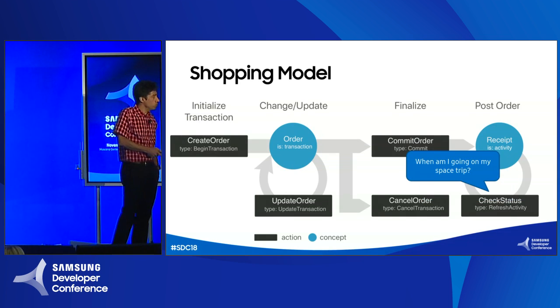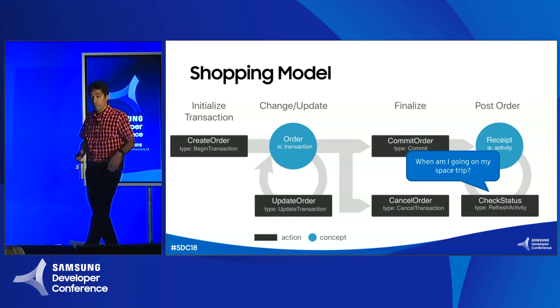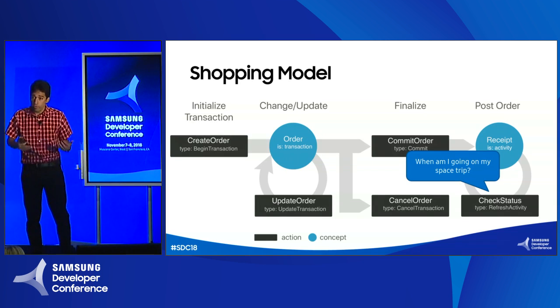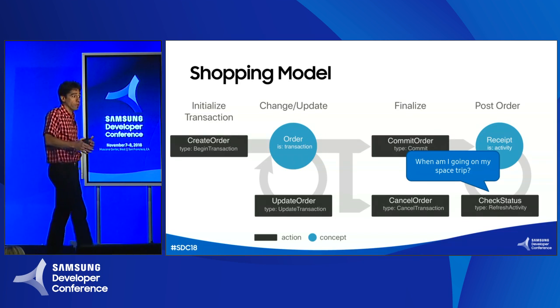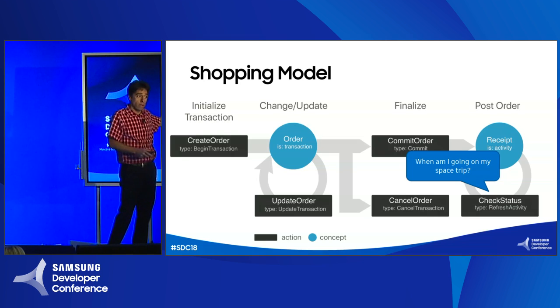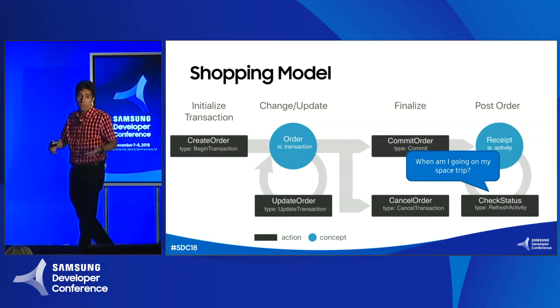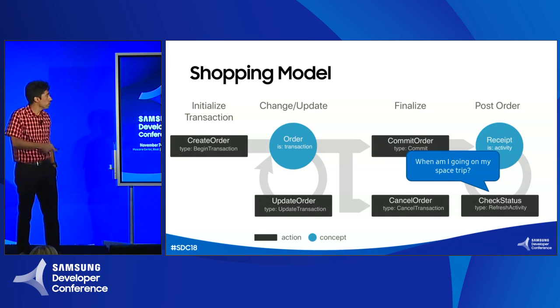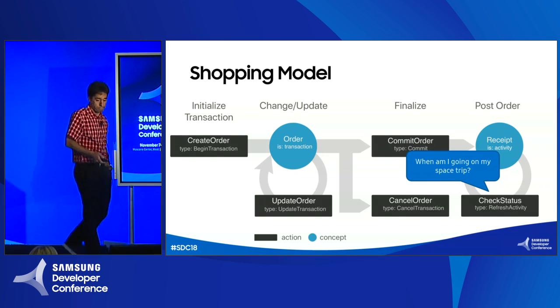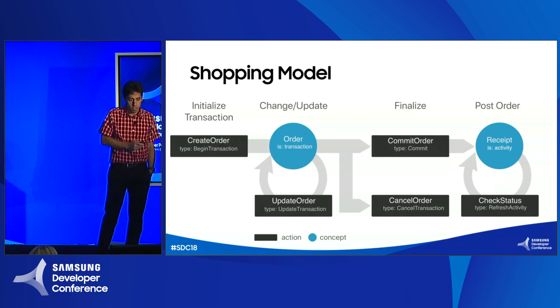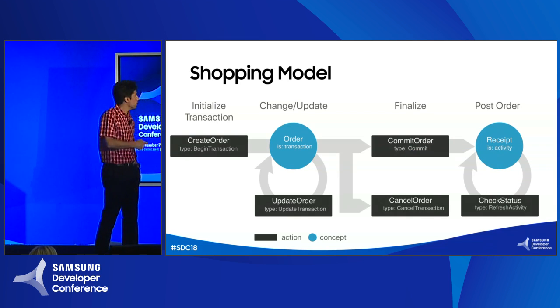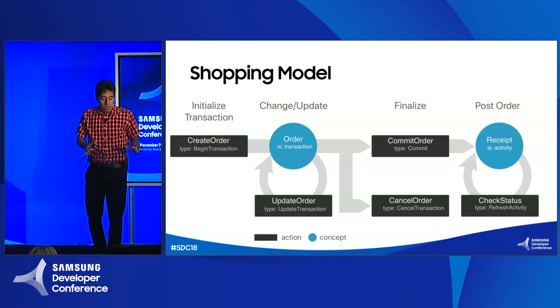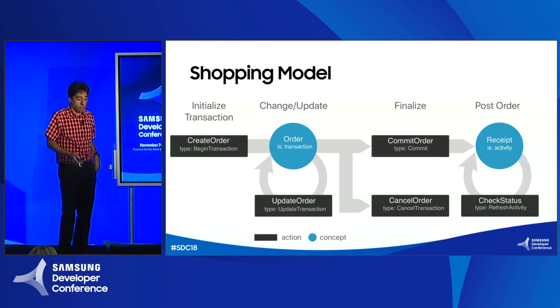And we will generate a receipt. This can be a live receipt, so even after the transaction is committed, users can still ask for it and check the status of their activity. All right, so that summarizes the advanced shopping cart model.